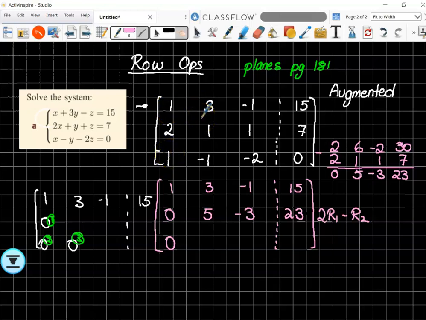It doesn't matter, but I'm going to go row 1 take row 3, and because they are the same coefficients, I don't believe we have to do that to the side. So 1 take 1, 0, 3 take 1, 2, -1 take 2, -3. We up with this? 15 take 0, 15.